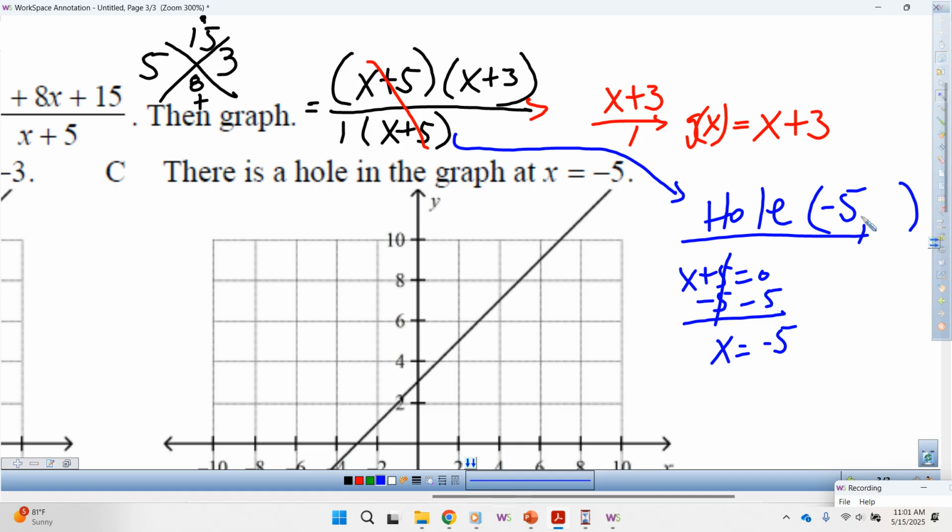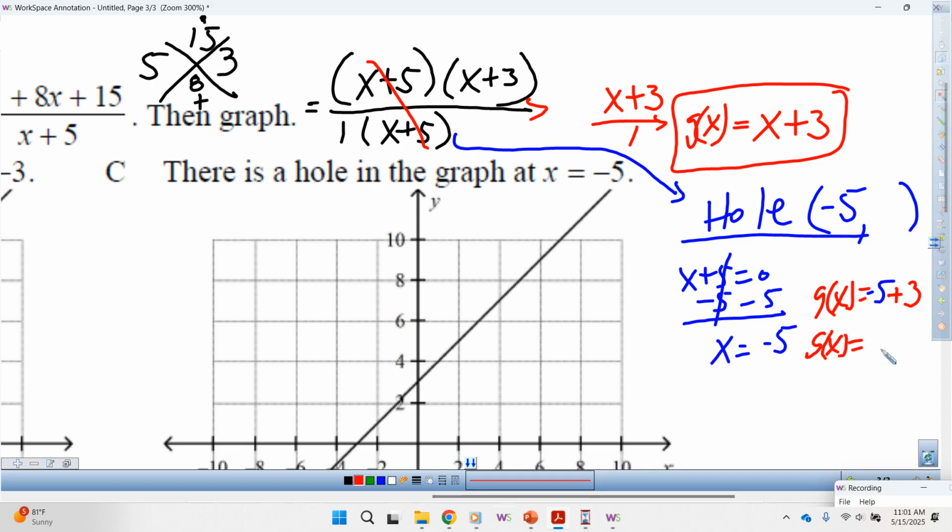So now I need a g of x or a y. What do I do for that? Well, you take this, but instead of x, I'm going to substitute what? Negative 5. So g of x equals negative 5 plus 3, that's negative 2. All right, so we have two pieces of information now.